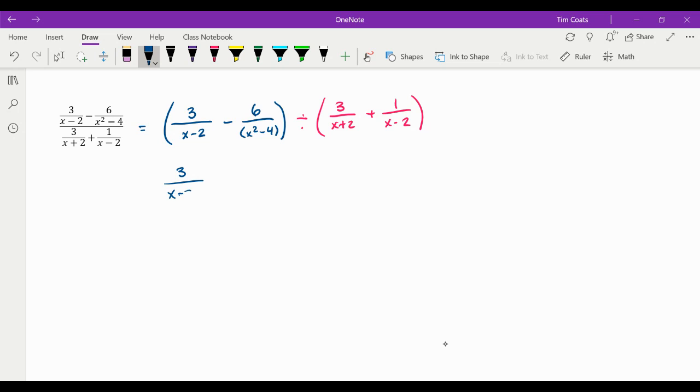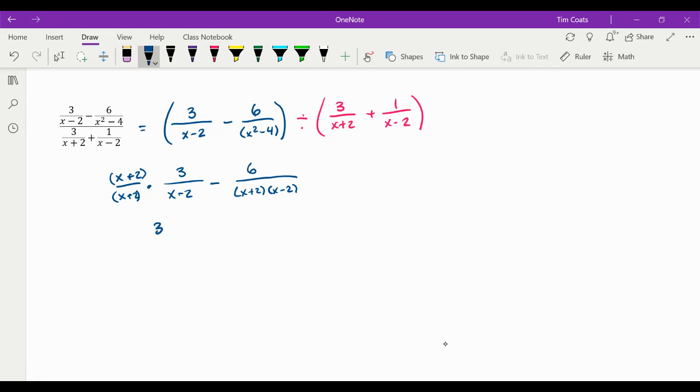For the second term, we could factor that denominator to x plus 2, x minus 2, because it was a difference of squares. And that means we need to multiply the first term by x plus 2 to get that common denominator.